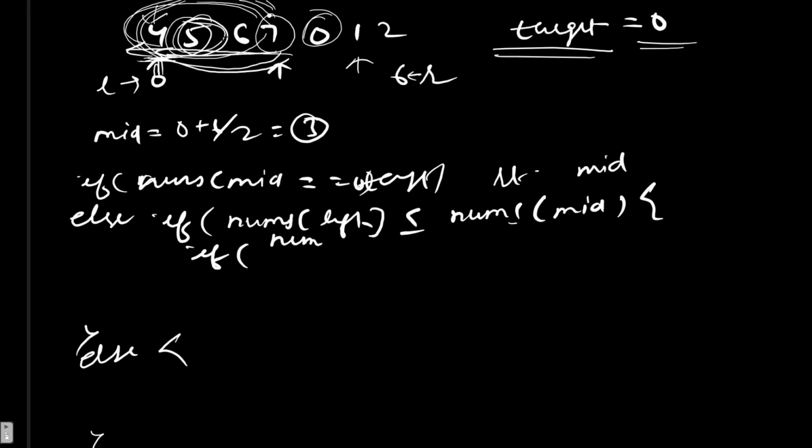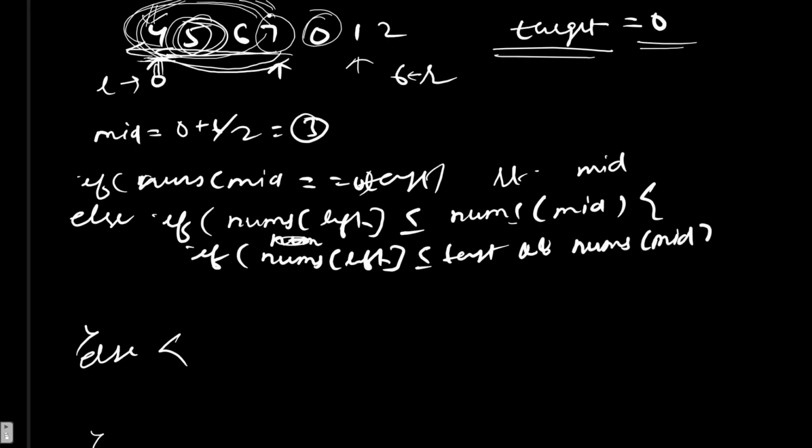For that we have to check that nums of left is lesser than or equal to target, and nums of mid is greater than target. If this condition is true, then we can say that our target is somewhere in between this left part. So we don't have to search the remaining right part, we can eliminate it. This is the way we can eliminate half of the part in a rotated sorted array.